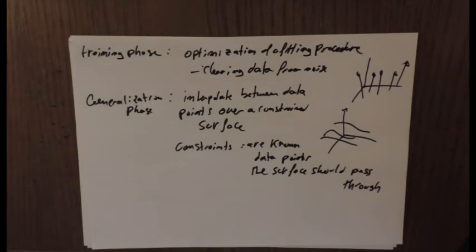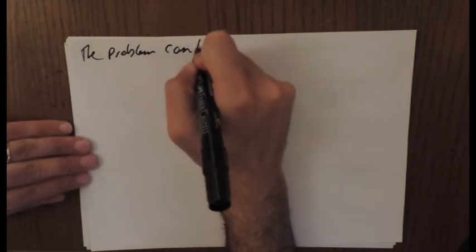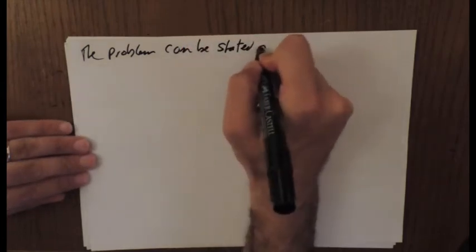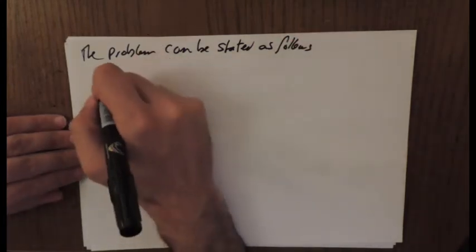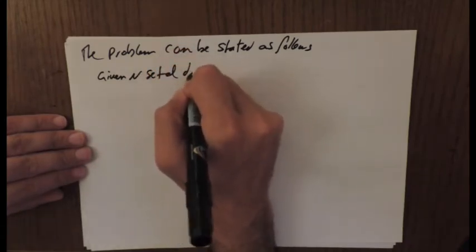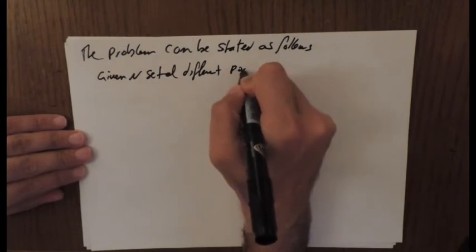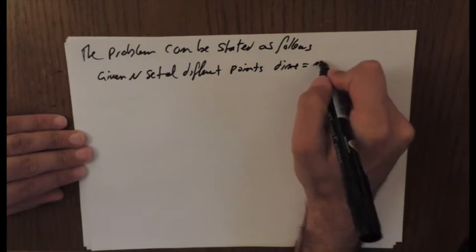However, if you want to state the problem in a more RBF fashion, we can do as follows. The problem can be stated as follows. We are given a set of n different points of dimension m0.